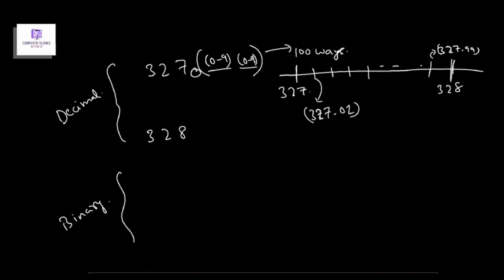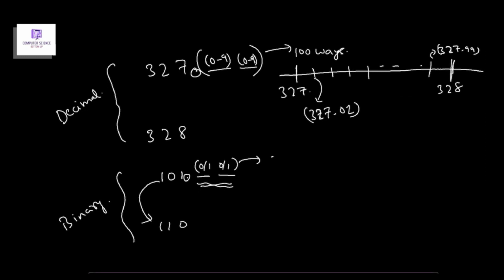For binary, 101 dot, if you have two digits after this dot, the next number is 110. But to get from 101 to 110, how many fractional parts have to be covered? In the case of binary, this can be 0 or 1, and this can be 0 or 1.